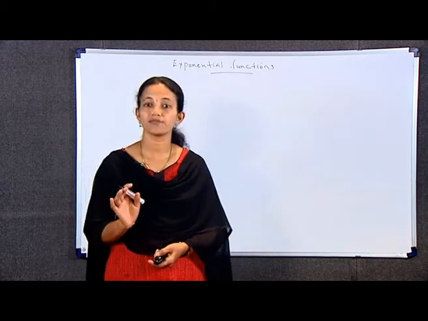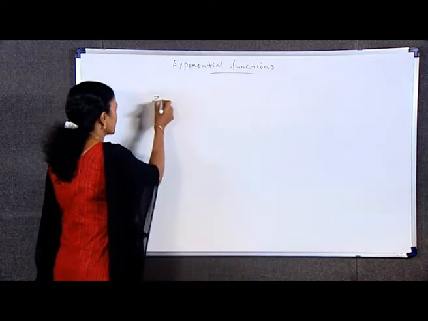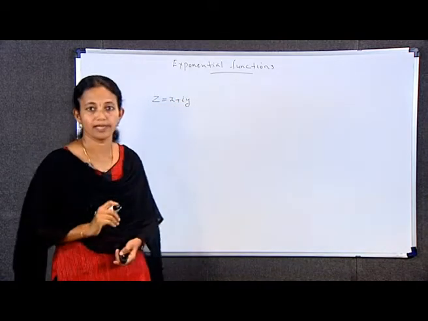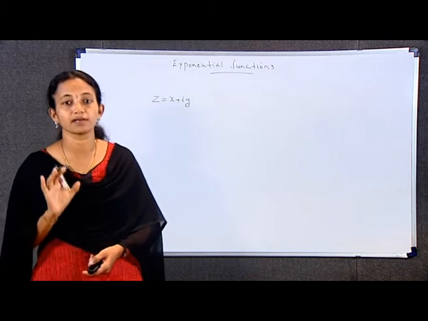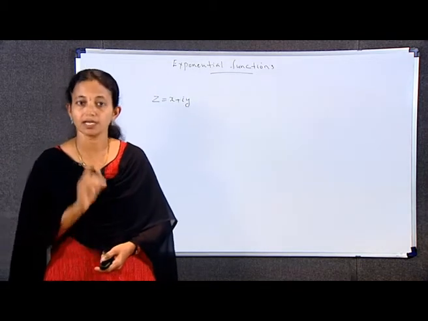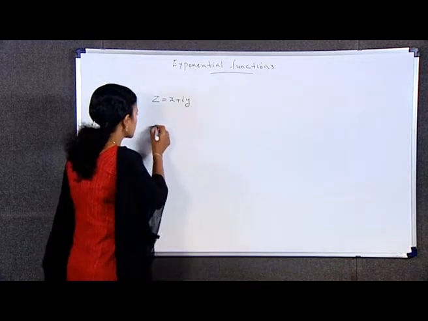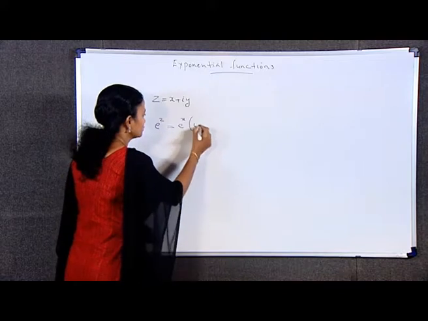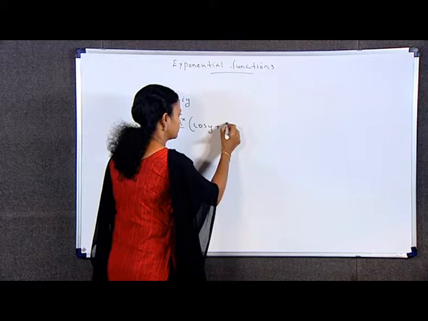The exponential function for complex variable z equal to x plus iy, denoted by e raised to z, is defined in terms of the real functions e raised to x, cos y and sin y as follows. e raised to z is equal to e raised to x into cos y plus i sin y.